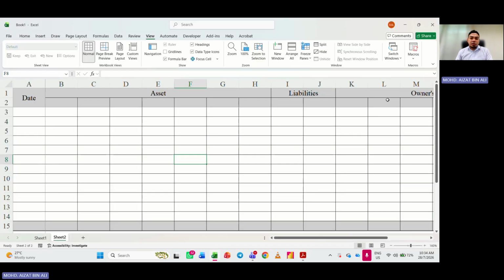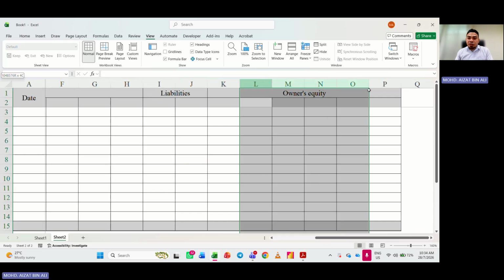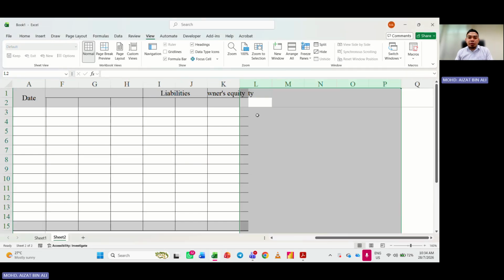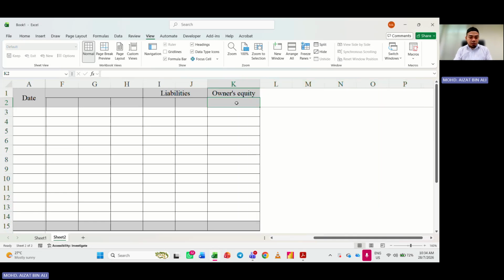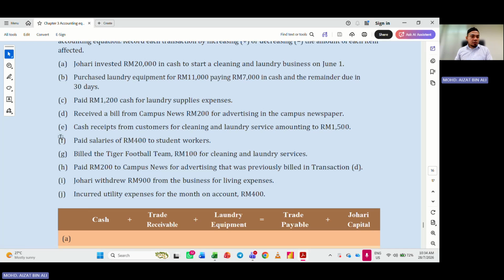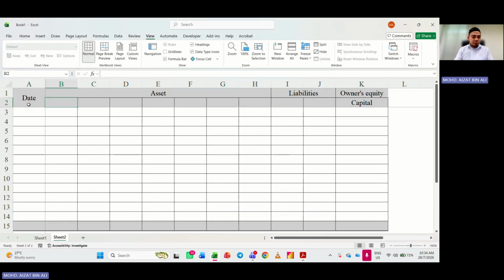Let's follow the instruction in the module. This would be capital. I thought there is no header, so let's put the header first. Cash, trade receivable. Next we have laundry equipment. Next we have trade payable, and lastly Johari's capital.